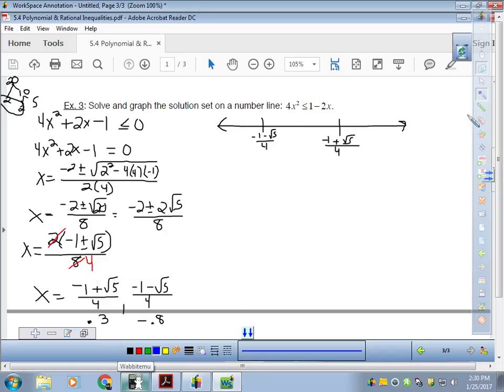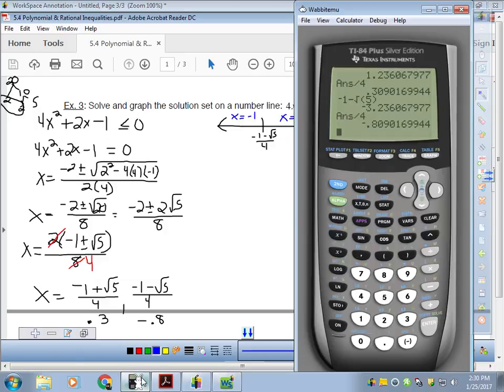We'll pick a test value in each interval. So this was about -0.8, so before that would be -1. In between -0.8 and 0.3, I could use 0. And after 0.3 I could use x equals 1. And then all you do is take those and plug them into our equation over here.